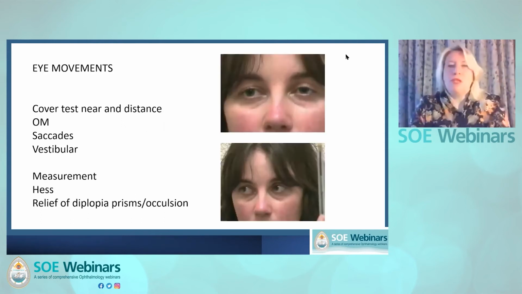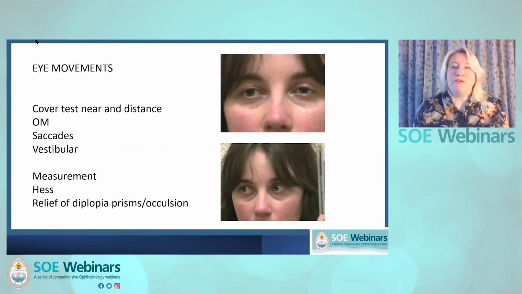So the next thing as an orthoptist is to look at eye movements. And here I'd be looking at a cover test for near and distance, considering that if you have an esotropia which is worse in the distance, it's often a sign of a 6th nerve palsy.